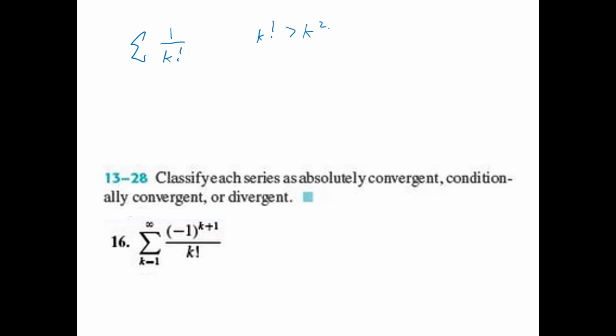But k squared, 1 squared is 1, 2 squared is 4, 3 squared is 9. And so you can see, well, let's come over here. k factorial, k squared.